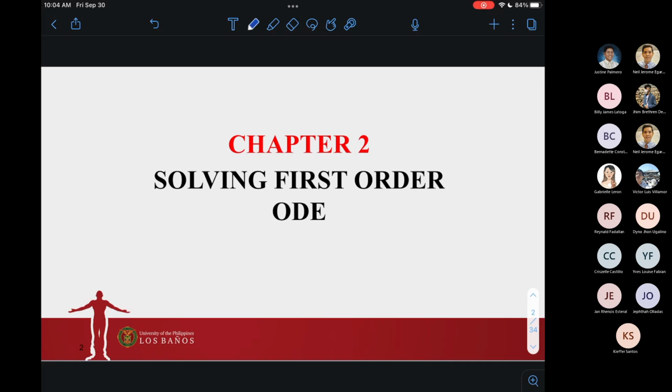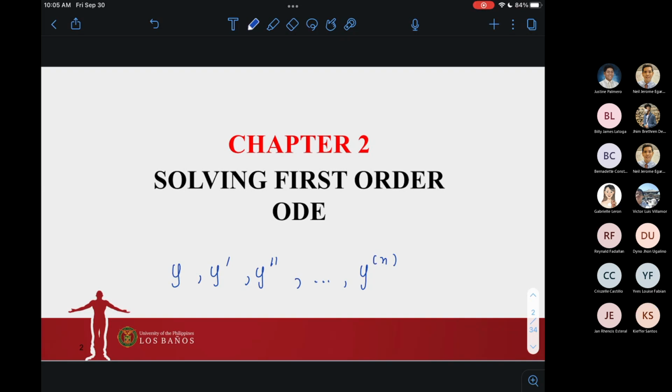Dapat walang komplikadong function kung saan na-involve si y prime, si y double prime until sa nth derivative ni y. Right, so dapat wala kang makitang y squared or y prime squared or cosine of y double prime or cosine of the nth derivative of y. So dapat linear lamang yung ating ODE in terms of the variables involving y. So yun yung ibig sabihin ng linear. Tapos first order, so ibig sabihin dapat first derivative lang yung makikita natin.